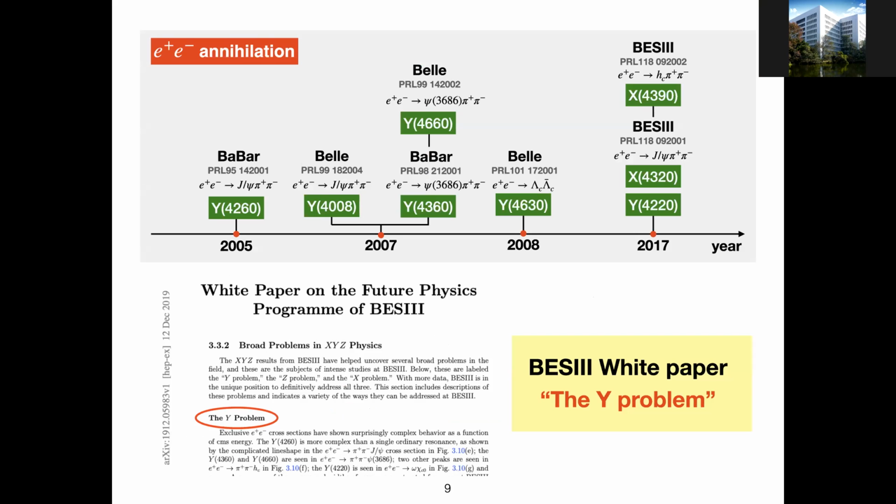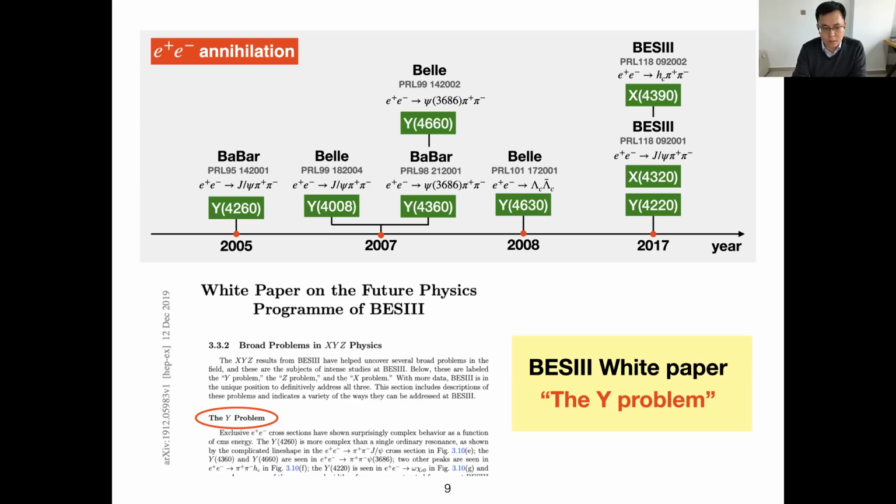Here I also show the experimental status from the e+e- annihilation. You can notice that there are many Y states. The first one is the Y(4260). This state was observed in 2005 by the BaBar experiment.